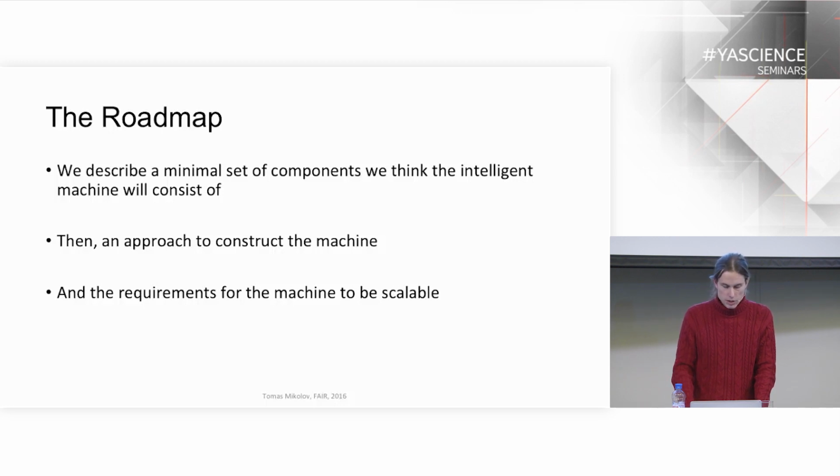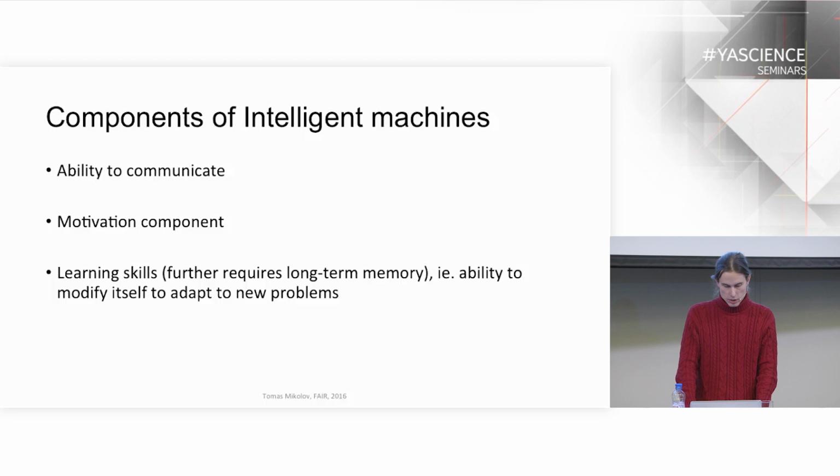And then we also discuss in the paper how possibly the machine can be constructed, but it's still far away. So for the components, as I said, the ability to communicate seems to be completely necessary.